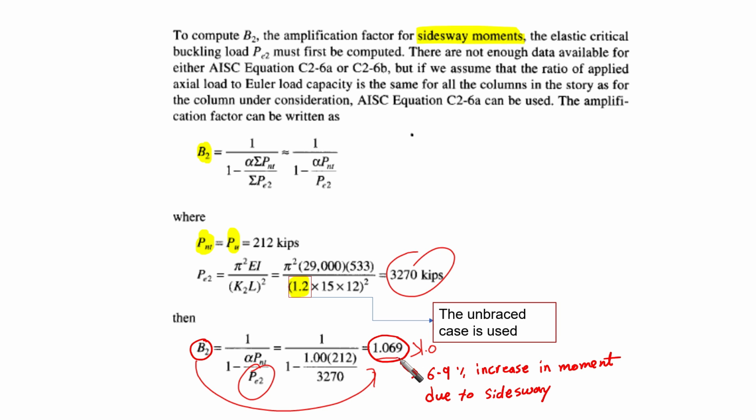It is larger than 1 by 6.9%. This means that the global buckling or P delta effect would amplify the moment in the side sway by 6.9%. We need to consider this in our calculation.